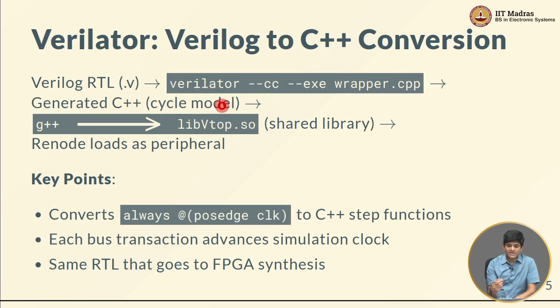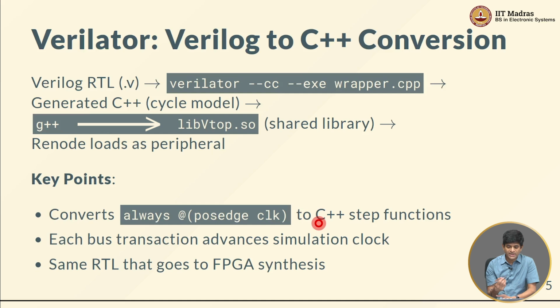So always blocks, for example, are converted, the always at blocks that are present in your Verilog code get converted into functions in C++, right, which essentially cause the advance of some kind of an internal simulation clock. So you are writing a C program, right? Effectively Verilator does that work for you.